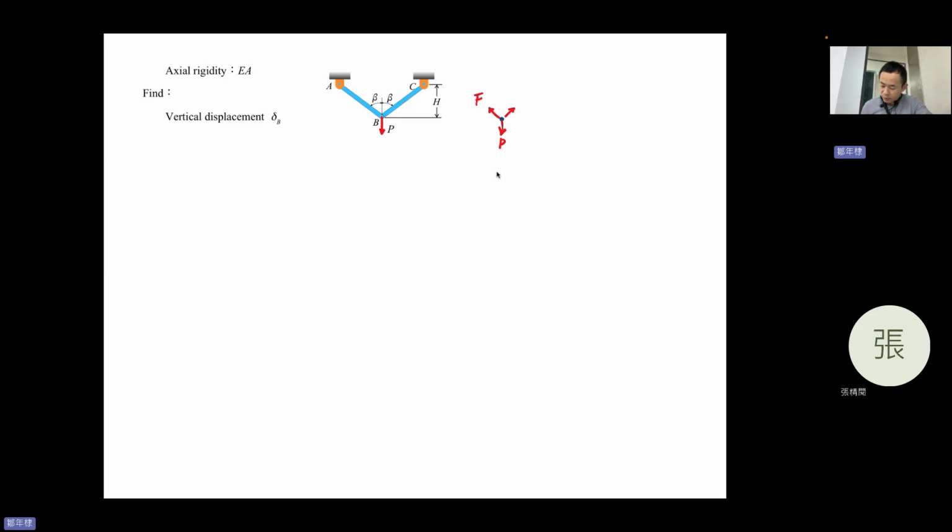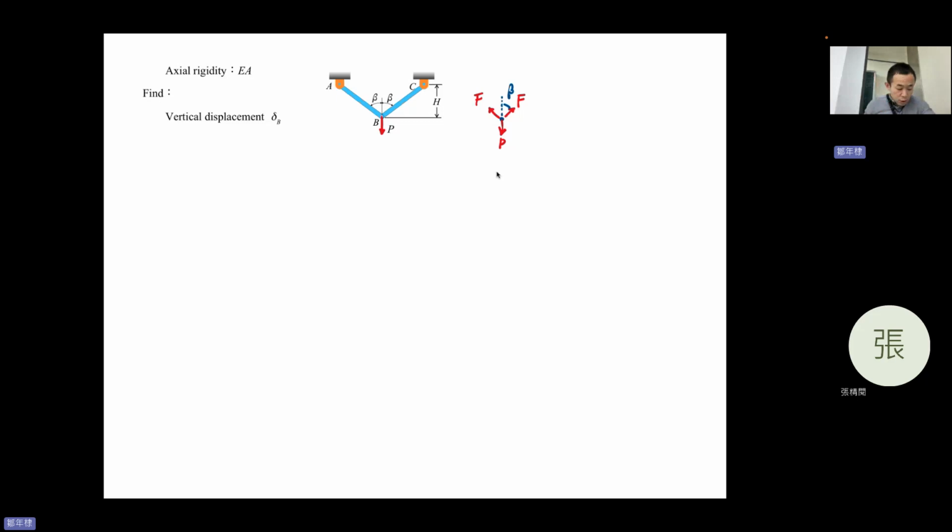So we will have a force like this, and they are symmetric. And their angle will be beta, according to the properties.